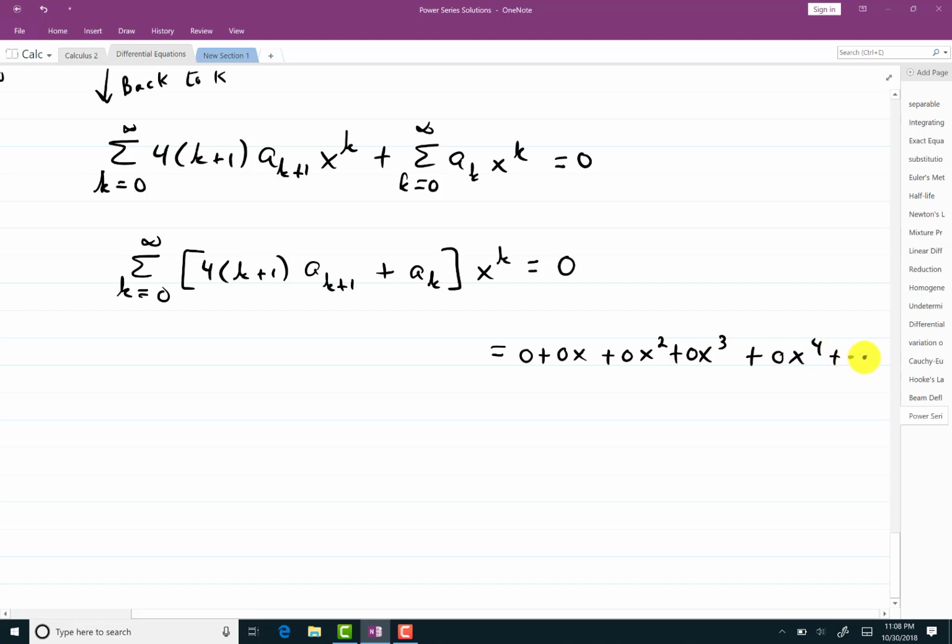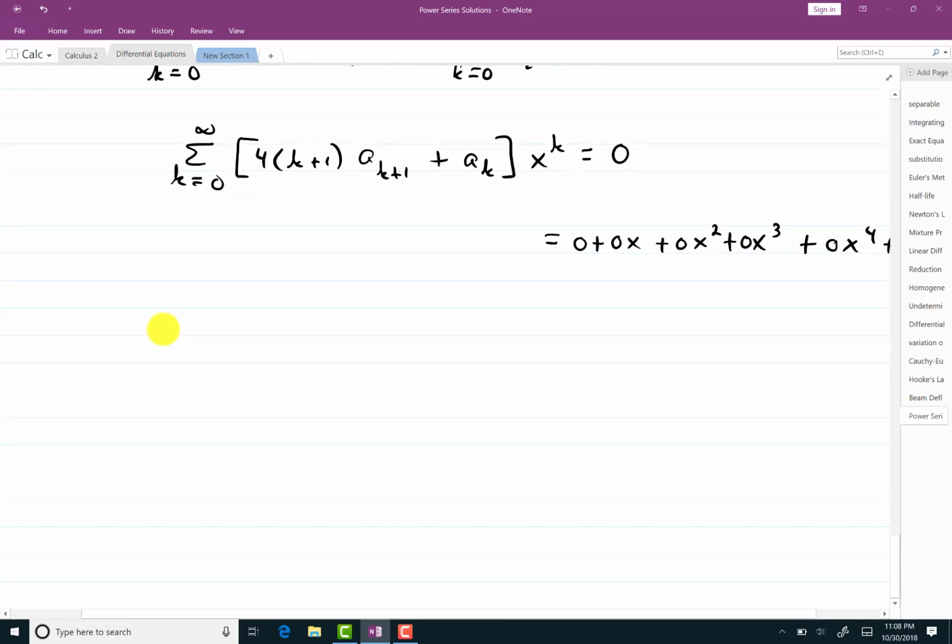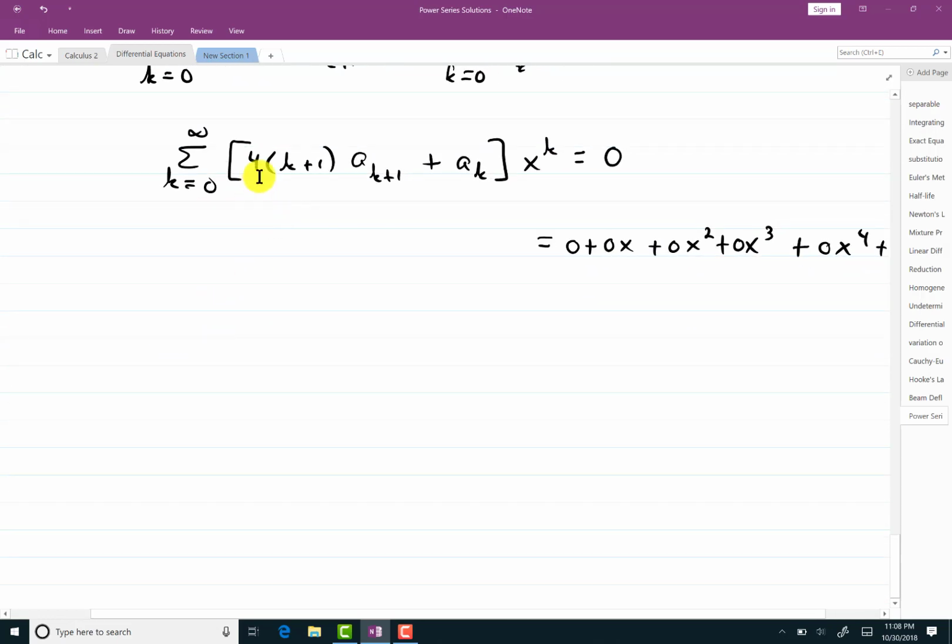This is kind of like being able to write a decimal with an infinite number of zeros after it. So what that tells me, if you match coefficients, is that for every single version of k, each of these will equal 0. So this will always be equal to 0.